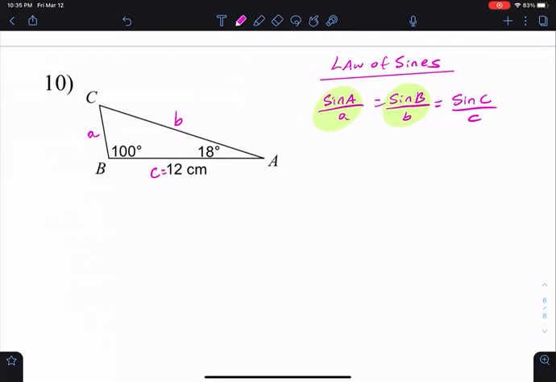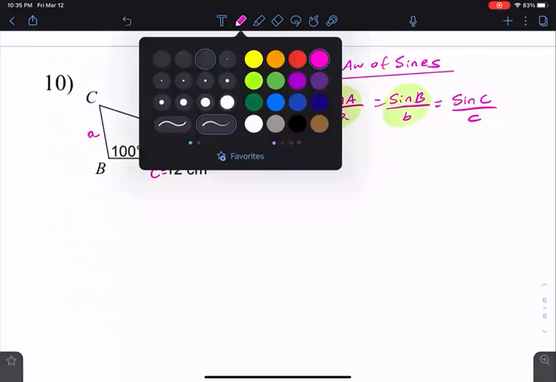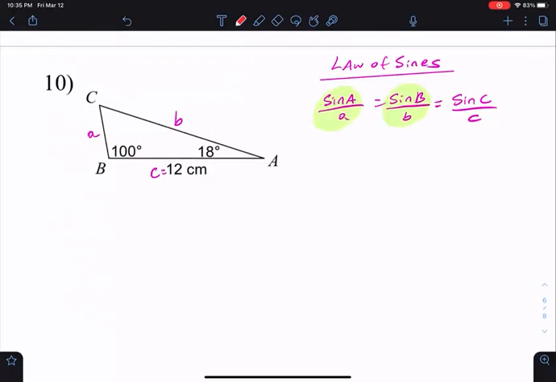So now, how can I use this? If I want to solve for a, this is sin 18, because the angle in between is 18, and then this is little a over sin... let's use C, right? Because I have C. Oh, I can find this angle too.